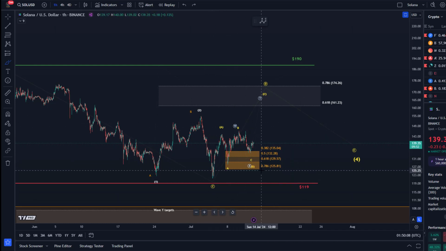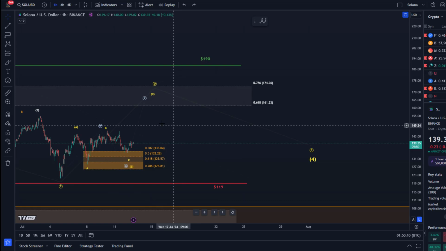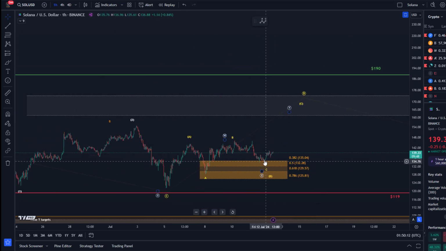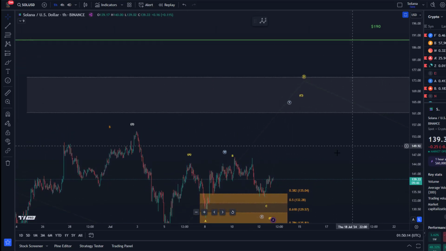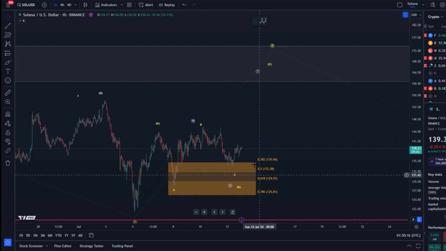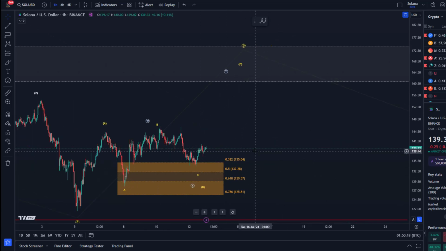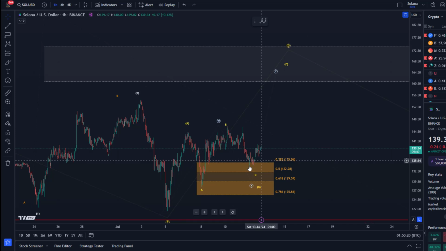Could a local low be in already? Yes, there are a couple of ways this could be counted. We'll see if we can get more clarity in the coming days, but we've just tested support again, and the levels really matter.